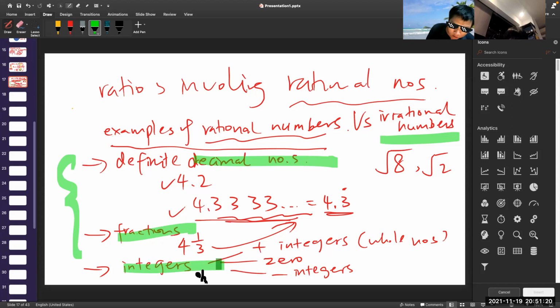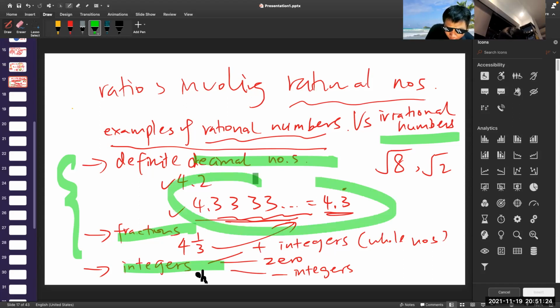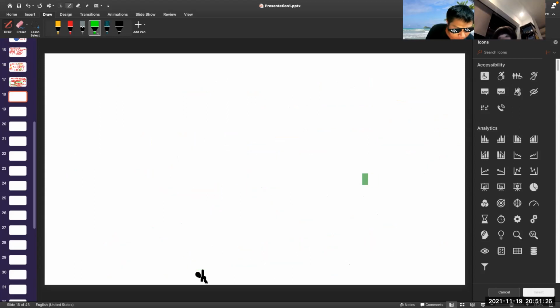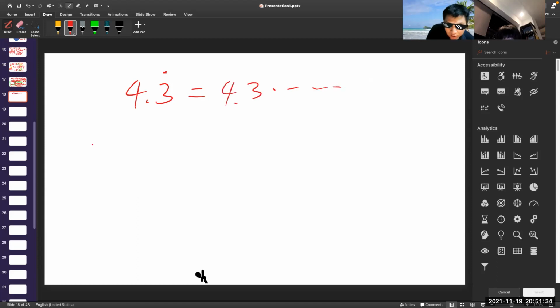All right, so they are called rational numbers. Okay, so let me emphasize this point one more time. If 4.3 with a dot above the 3, it means the 3 repeats itself. Then what about this? 4.123 with dots above 1, above 2, above 3. So what are you going to get?